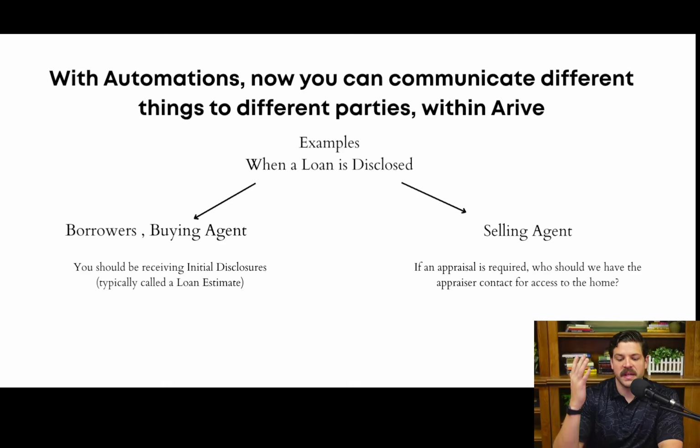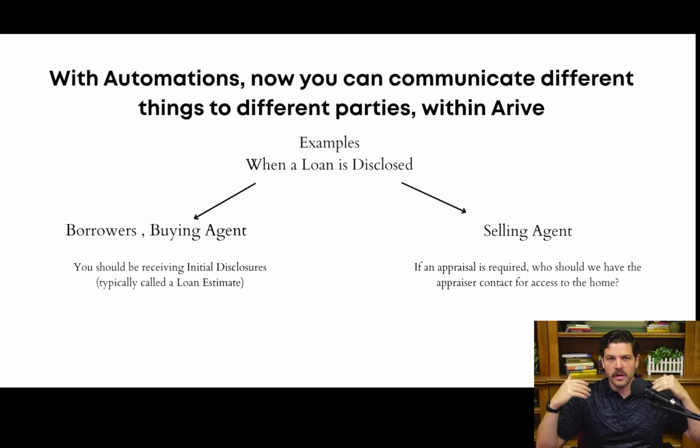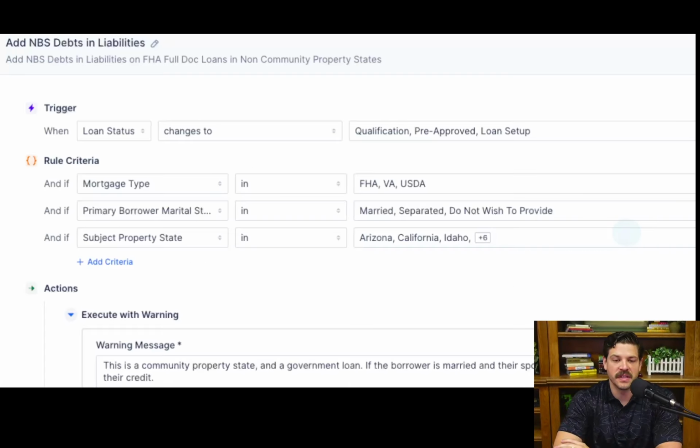And then something I like to do, to the selling agent, if there's a purchase and the loan to value is such that they're not putting 20% down, and if an appraisal is required, I like to reach out to the selling agent and say, hey, who should the appraiser contact to get access to the home? That's just an example. But again, we're controlling more people's experiences throughout the process and communicating more efficiently.